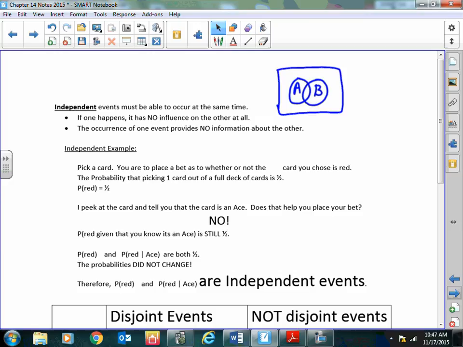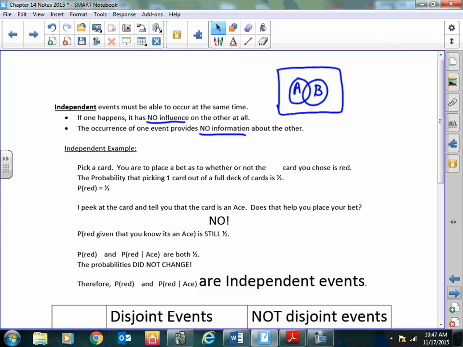Independent means the fact that you are one thing does not change the rate. If one happens, it has no influence on the other happening at all. The occurrence of one event provides no information about changing the probability of the other. So let's go through this example.